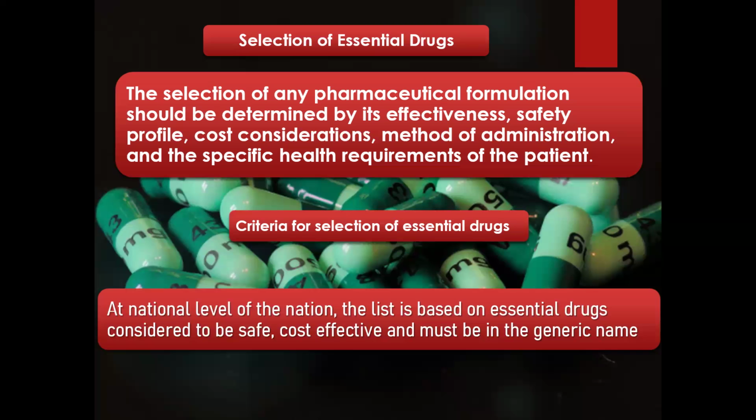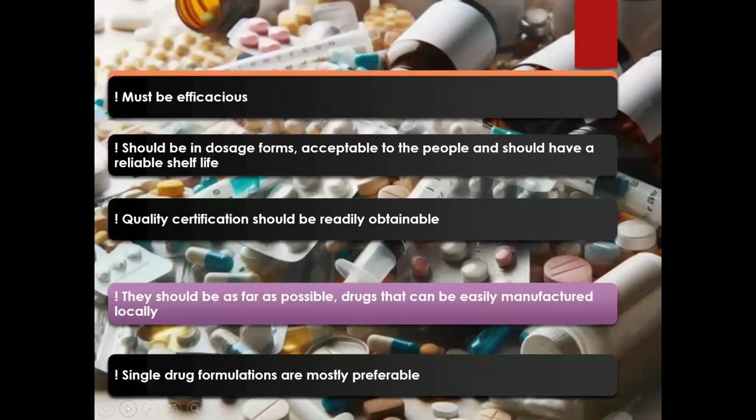At the national level the list is based on essential drugs considered to be safe, cost-effective, and must be in the generic name. The first criterion considered is that it must be efficacious.